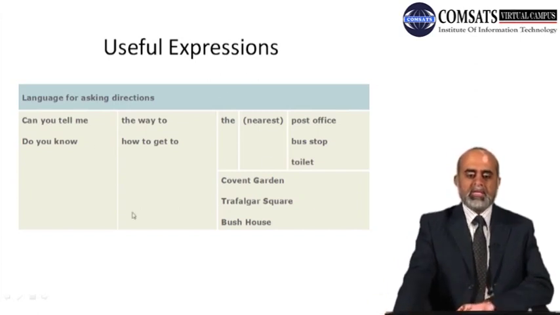So here you look at the substitution table. A substitution table means that you can substitute a part of a sentence with any one of these words or phrases. For example, you can say, can you tell me the way to the post office? Or can you tell me the way to the nearest post office?